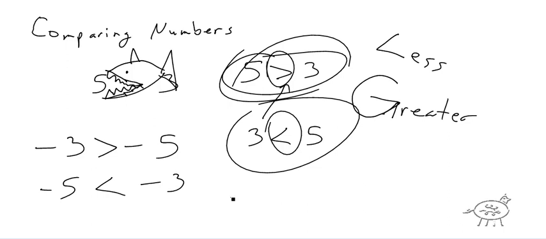Sometimes it helps on a number line, and let's just draw that because that's what you're going to have to do for a little bit for your homework here. If I put a 0, when you're graphing a number line, I require you guys to have 3 numbers on your number line. I like to have the number that you're graphing and then 2 numbers on either side of it.